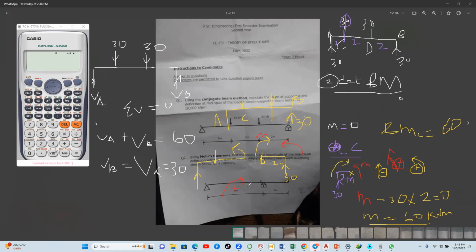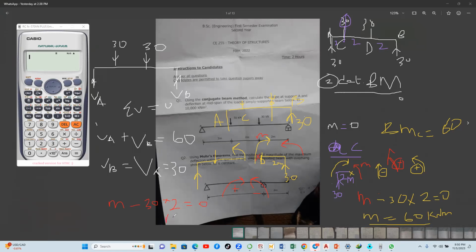Okay, so anything counterclockwise is negative here. So this is what I have. My moment is going to be my M, which is positive, minus 30 times the distance to the point I'm taking the moment about. So 30 times 2, which ends up equal to 0.